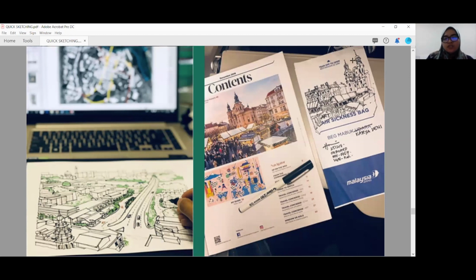And I even use this air sickness bag in the airplane to do my sketch, because my sketchbook was in my luggage. So I took the opportunity to use whatever I have in front of me to do sketching.